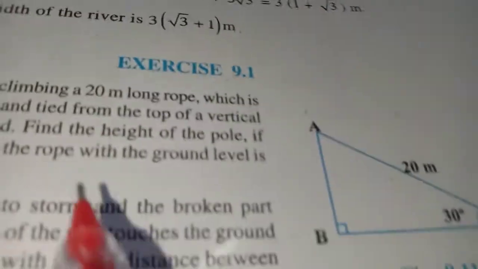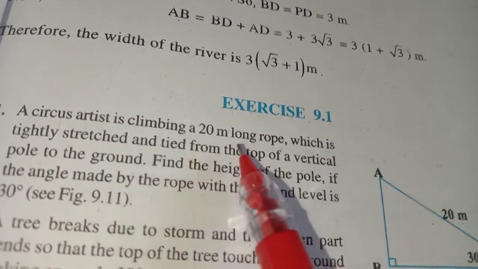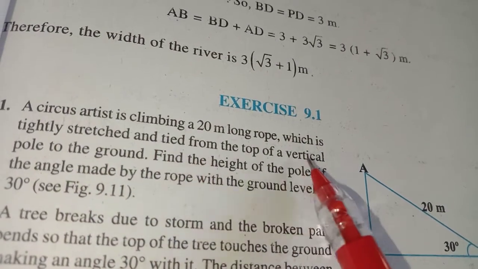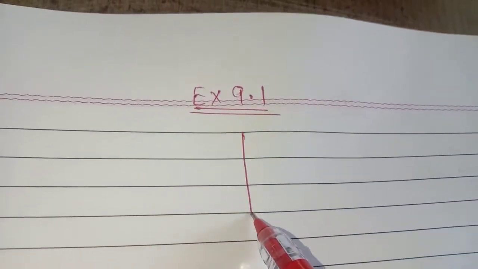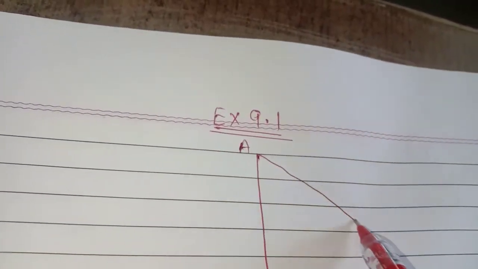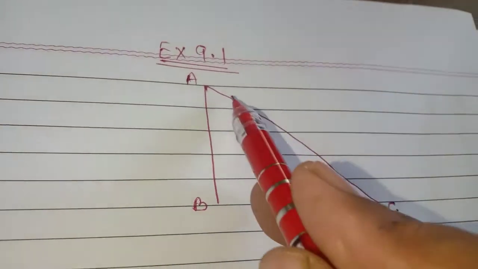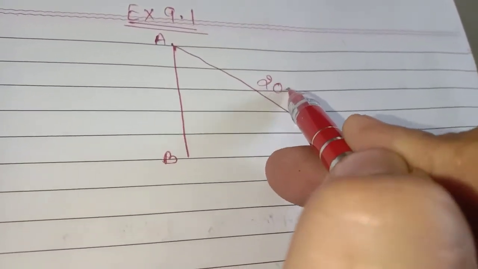See, the question is given. A circus artist is climbing a 20-meter long rope which is tightly stretched and tied from the top of a vertical pole to the ground. So we can see that if AB represents the vertical pole, and this is the long rope which is tied along with the ground to the bottom of the pole, and it is 20 meters.